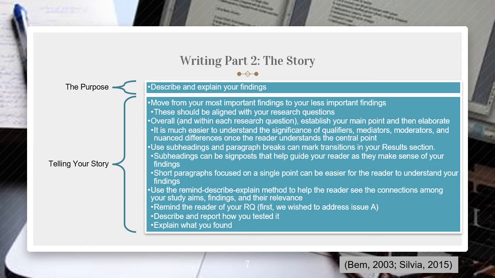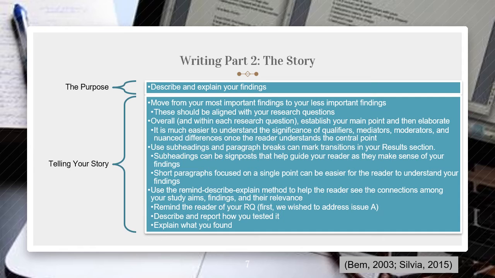The first is that you want to move from the most important findings to the less important findings. You don't want to have a big reveal at the end. You want to start and lead with your strongest points. When you discuss each research question and overall, what you want to do is establish your main point and then elaborate.